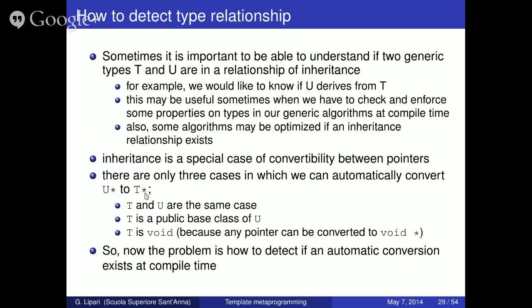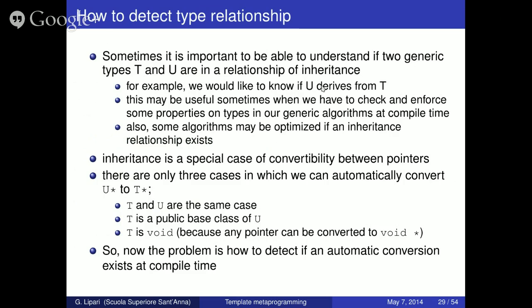If T is void, of course you can convert a pointer to something to a pointer to void without any problem, because any pointer can be converted to void star. So if you want to detect if U is a derived class from T, so if T is a base class of U, we have to check if U can be converted to T, and we have to exclude the two other cases, if T and U are the same, and if T is void.